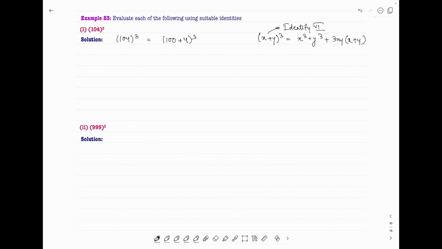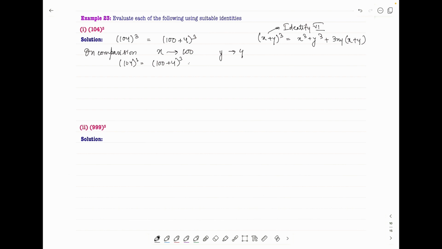So on comparison of the identity and the question, x is 100 and y is 4. So 104 cube equals 100 plus 4 whole cube.